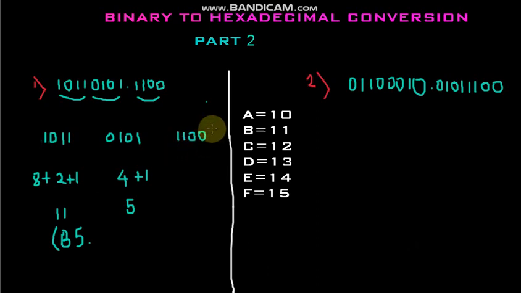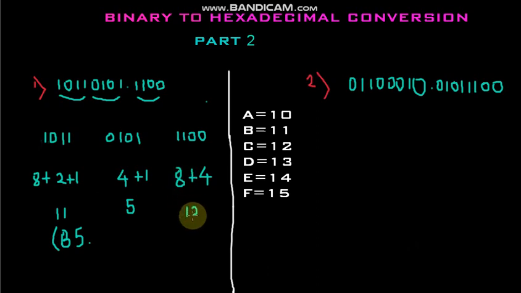So 0 into 2 raised to 0 will be equal to 0, plus 0 into 2 raised to 1 will be equal to 0, plus 1 into 2 raised to 2, which is equal to 4, plus 1 into 2 raised to 3, which is equal to 8, and so 8 plus 4 is 12.